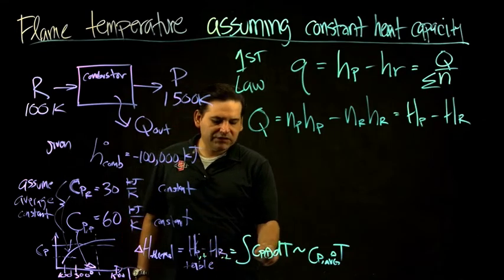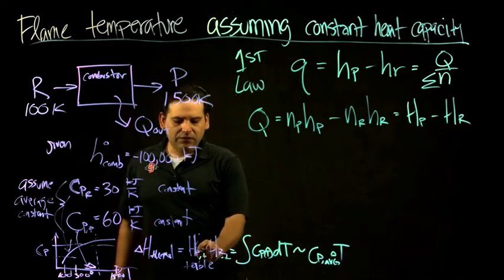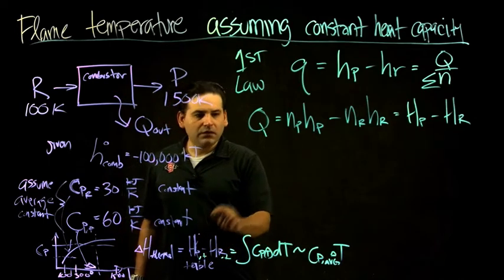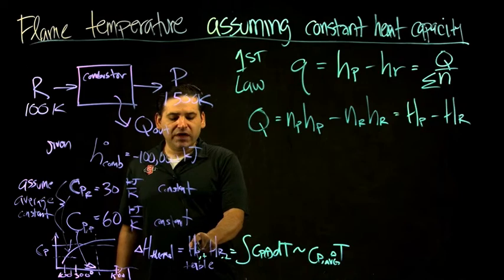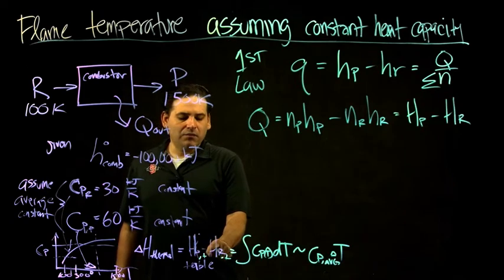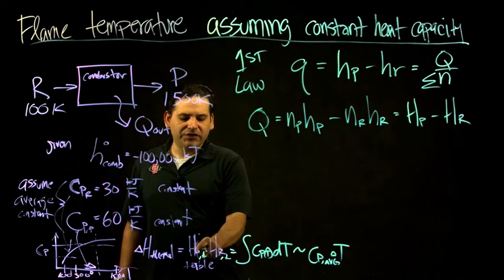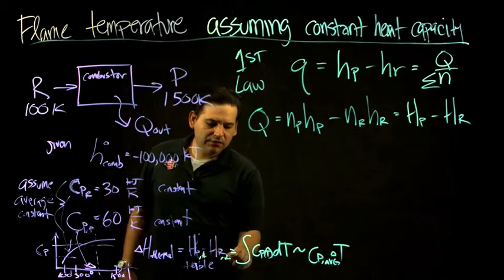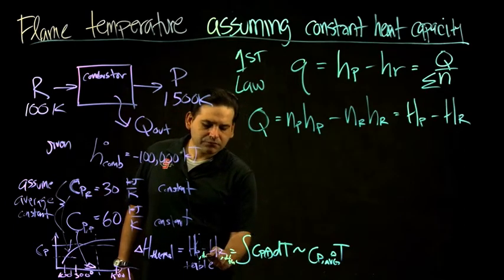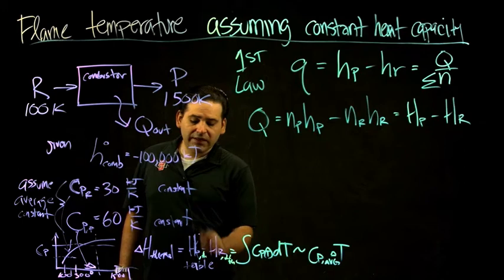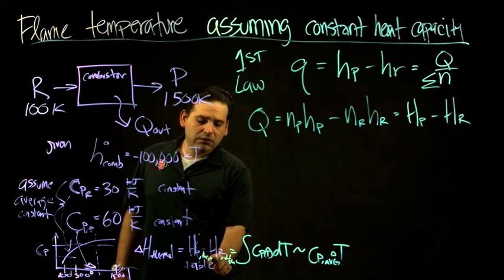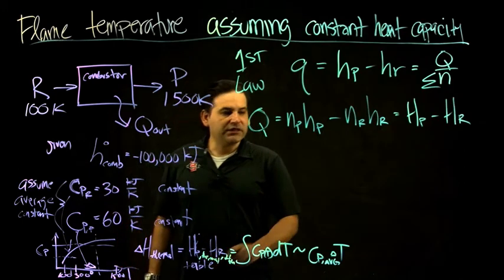That's only related to CpT. If you have a chemical reaction, you have to add in the chemical part in here as well, which is this formation enthalpy. But if you're talking about this sensible heat or the thermal change in enthalpy, it's related to Cp.